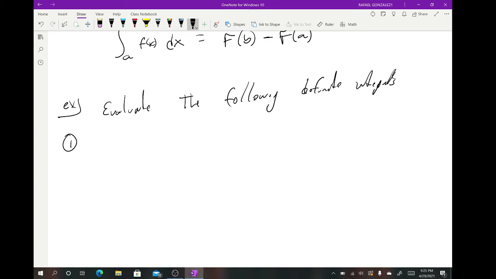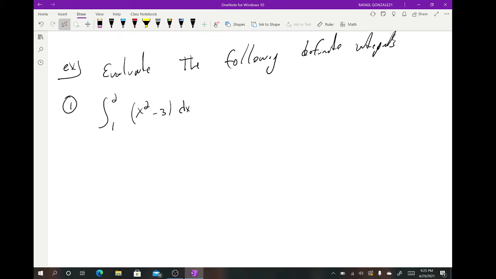Right, so say somebody comes up to us and gives us the integral from 1 to 2 of x squared minus 3 dx. Okay, well, first thing we could do is find the antiderivative term by term. So remember, we can do this.